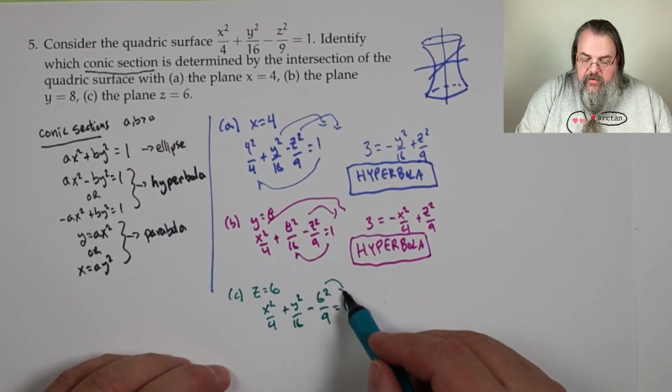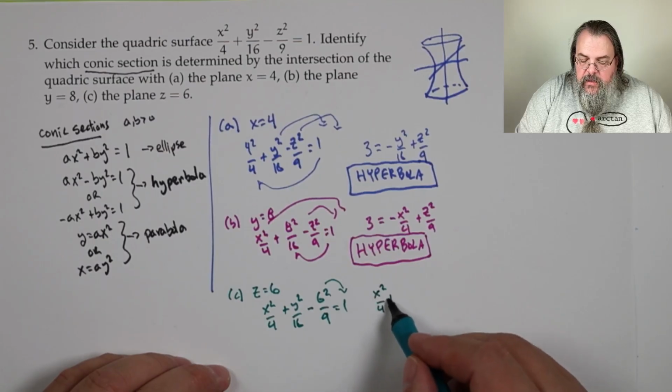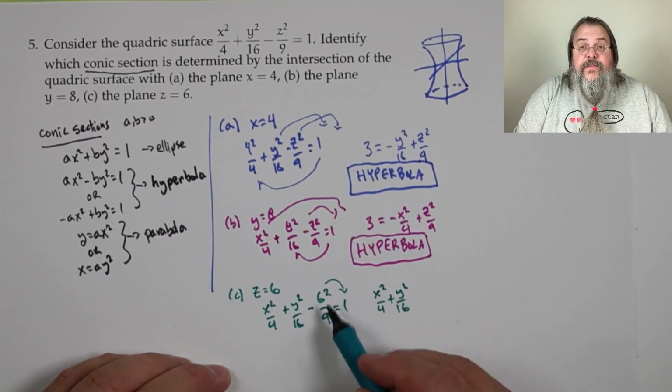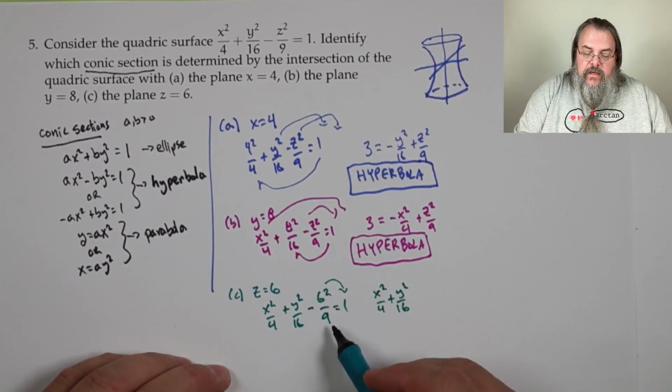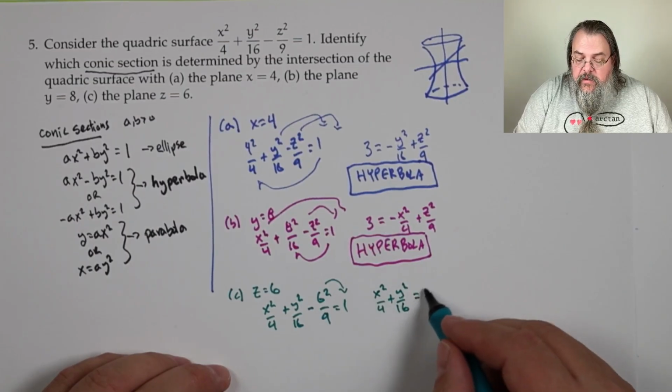Now we'll move the constant across. And so what does that become? x squared over 4 plus y squared over 16. 6 squared is 36 divided by 9 is 4. Add, equals 5.